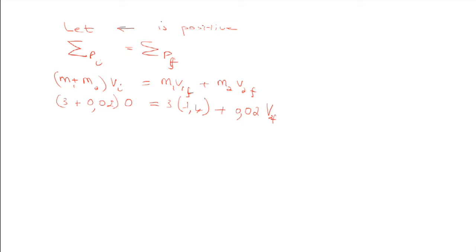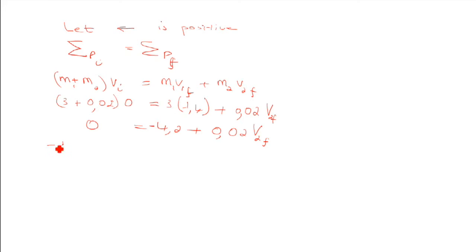Everything multiplied by 0 will definitely still be 0, and for the other one, 3 multiplied by 1.4 is 4.2. So we have 0 = minus 4.2 plus 0.02 V2F.